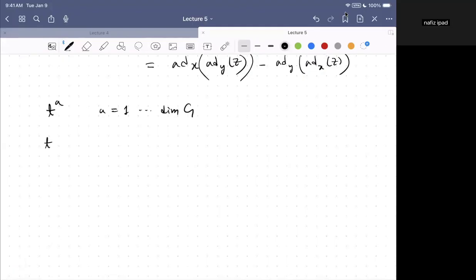It suffices to know the matrix form of the basis elements, right? So what happens if T_A acts on T_B? So we are computing ad of T_A on T_B. This is T_A commutator T_B.